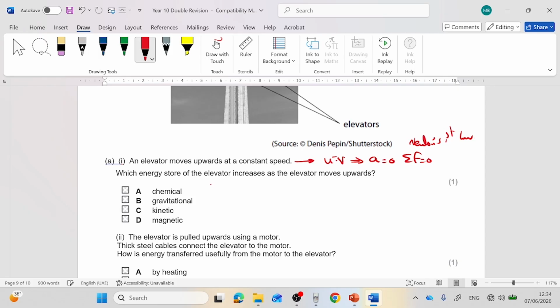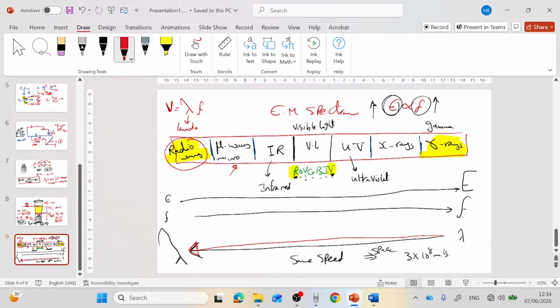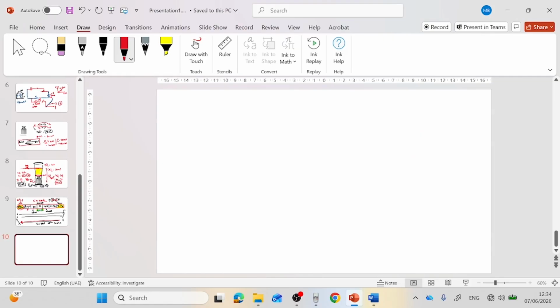Which energy store of the elevator increases as the elevator moves upward? So let's revise this part. You know that we have some energy stores like the potential energy. Potential energy is equal to mgh, and this is the energy stored in the object due to its position. When the object has a higher position, the amount of energy stored inside this object increases.